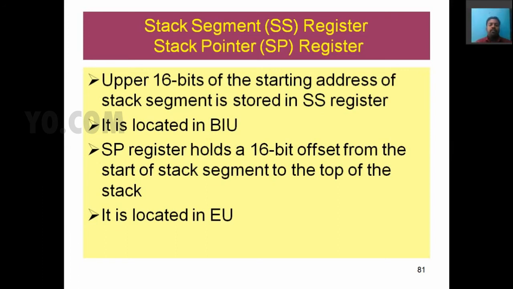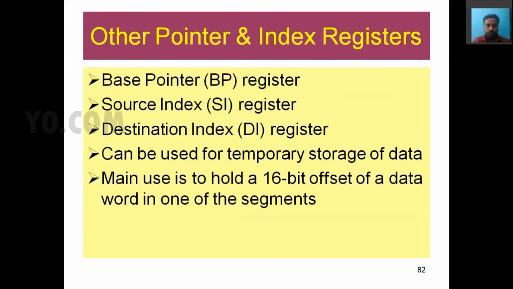So the stack pointer holds a 16-bit offset from the start of the stack segment to the top of the stack. Then other pointer and index registers: the base pointer BP, source index SI, and destination index DI.